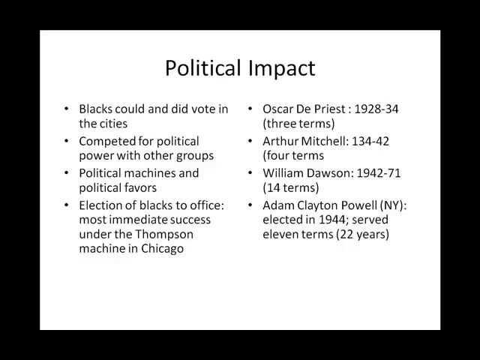Then he is followed by Arthur Mitchell, and I should make a correction in the dates. Arthur Mitchell is elected from this same Chicago district in 1934 and serves for 4 terms until 1942. Then he's followed, again from the same district, by William Dawson, who serves for 14 terms, elected in 1942 and serves until 1971.